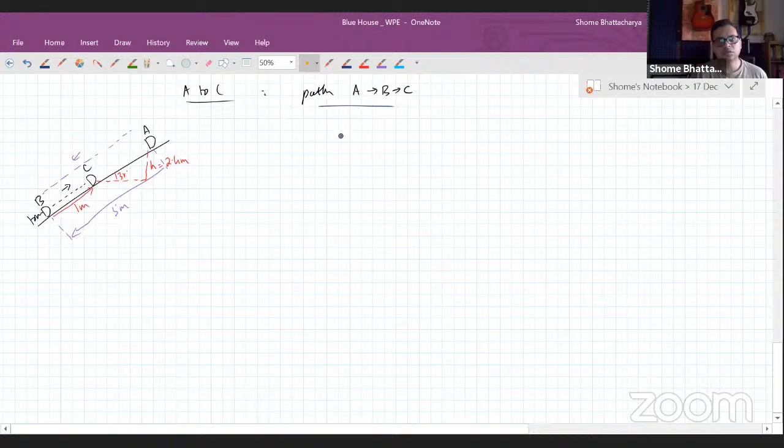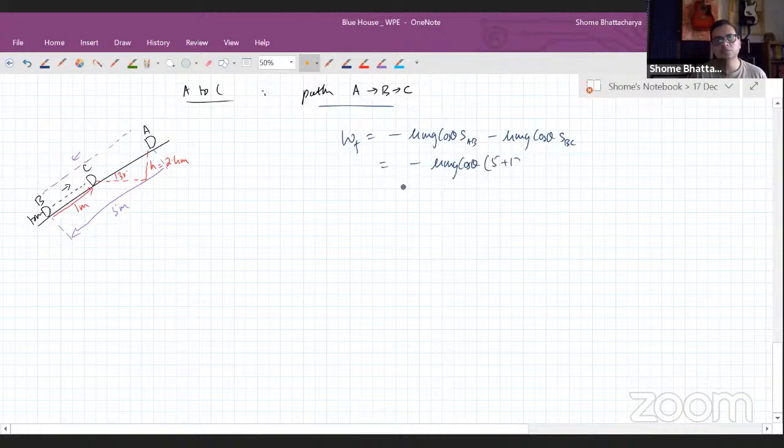So in this, the work done by friction will be minus mu mg cos theta into the path from A to B, and then again minus mu mg cos theta from B to C. So it will be minus mu mg cos theta into 5 meters coming down plus 1 meter going up.